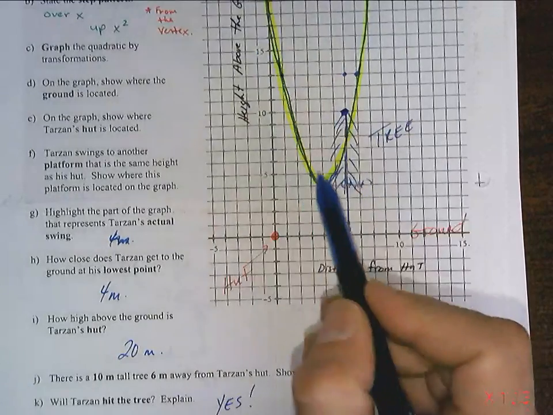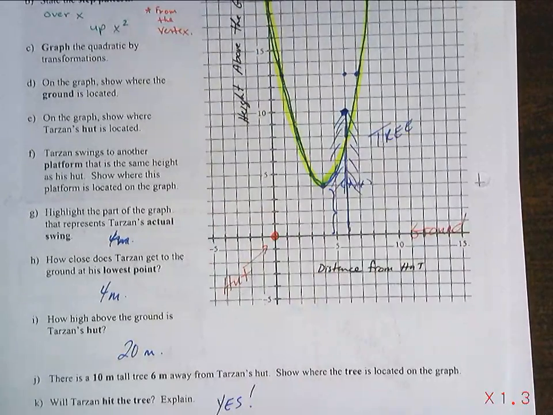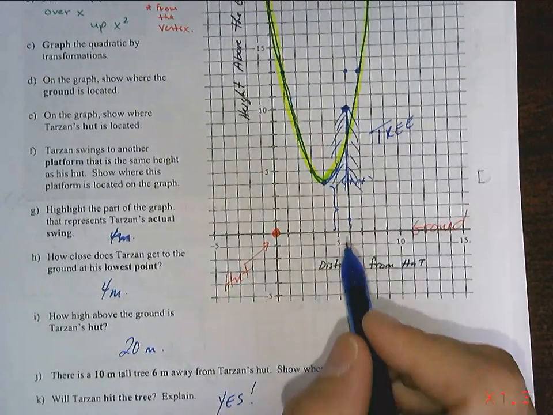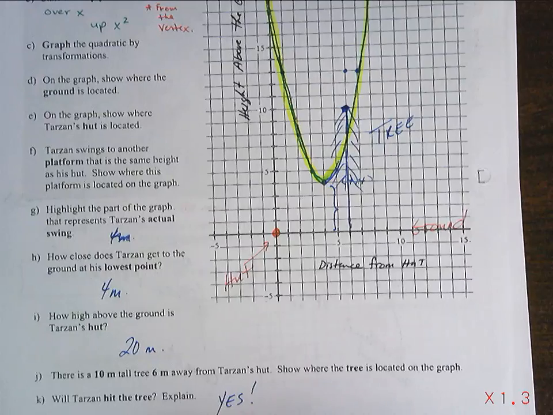He's going to come down and whack. And why does he hit the tree? Because the tree is taller than Tarzan will be at 6 meters. Is that a good reason? Because Tarzan is going to be at tree height at 6. I don't care how you say this, but the bottom line is the tree's taller than Tarzan is at, you need that word, at 6 meters away from his hut.